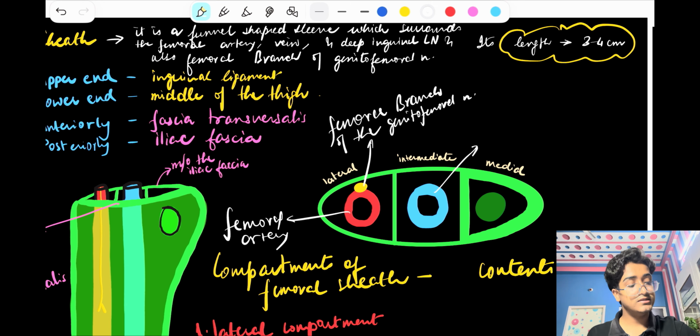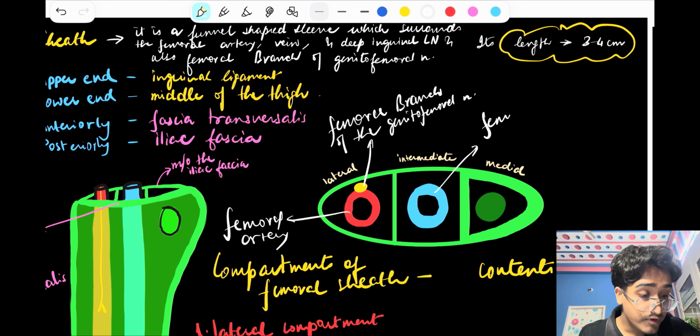Then the intermediate compartment includes the femoral vein.